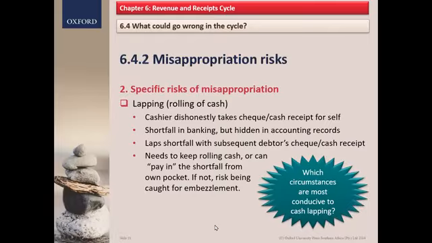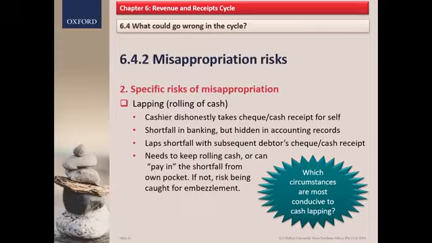There is something called lapping, which is a specific risk of misappropriation. Your cashier dishonestly takes a check or cash receipts for themselves. The shortfall is in banking, but hidden in the accounting records. It means you take the money, and when another debtor pays, you put in that money and balance it in that particular year.